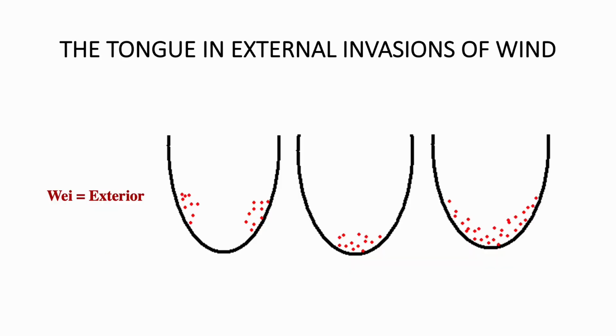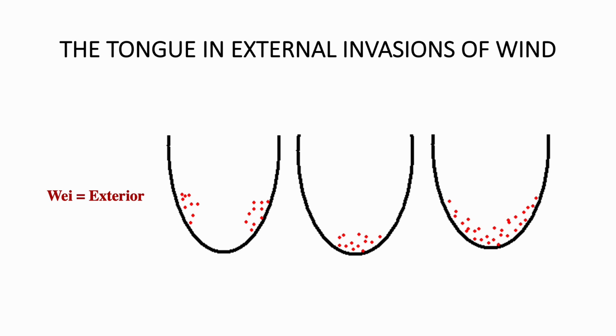As far as the body color is concerned, in external invasions of wind cold, the tongue body color does not change. In invasions of wind heat, the tongue body color may become red in the front or sides or both, and especially in children, it may also have red points in these areas. As far as the coating is concerned, this reflects invasions of external wind only when the pathogenic factor is particularly strong, in which case the coating becomes thick.